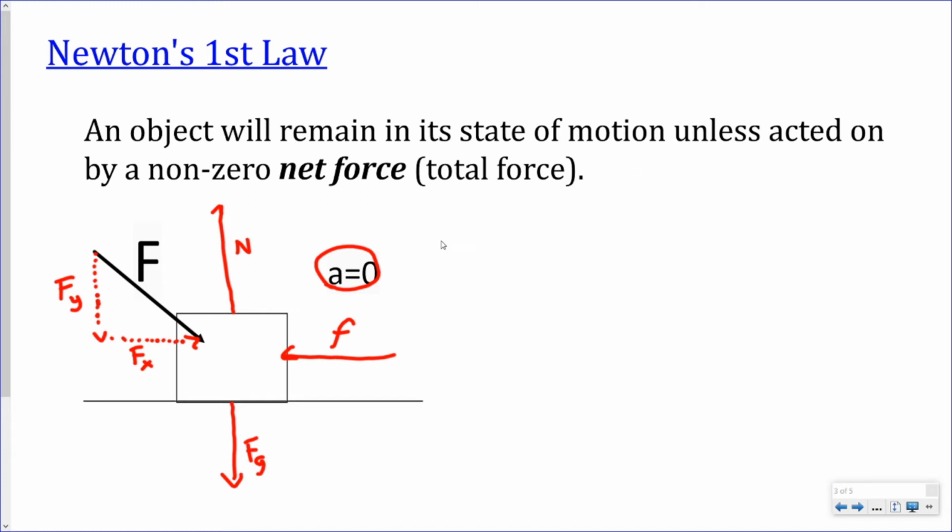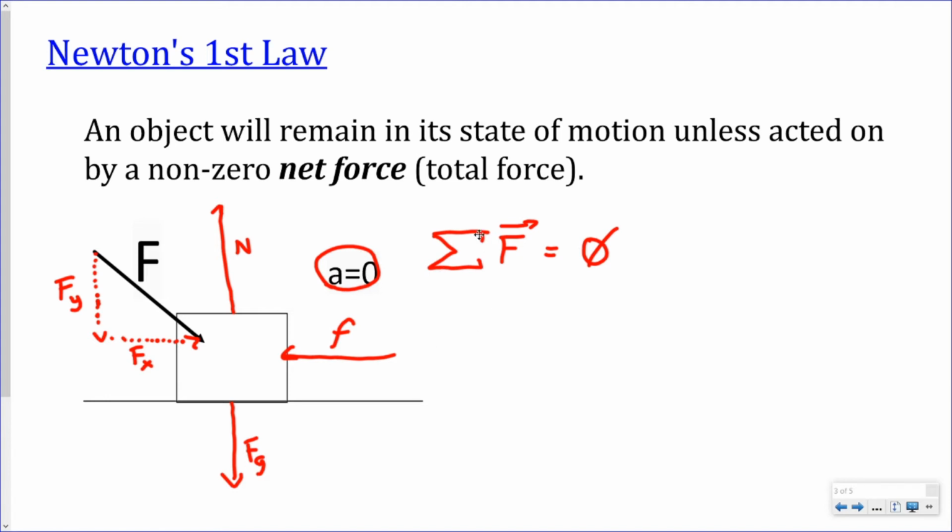Now, the way that we write net force is with this symbol. This is a summation symbol. You might have seen this in math. This just means adding up everything. So the sum of the forces, so that means adding up all the forces, is equal to 0. So that's why our acceleration is 0 here.